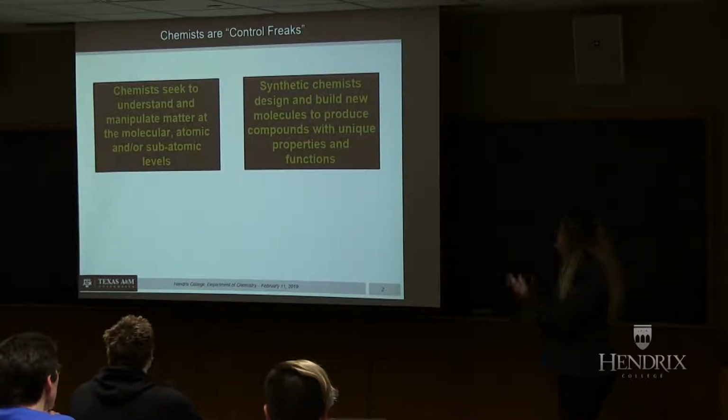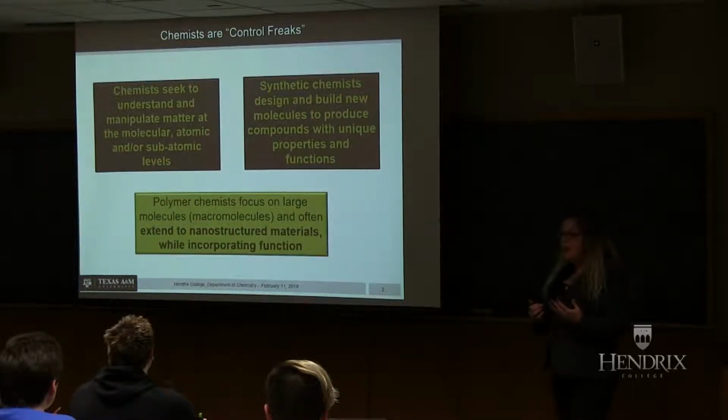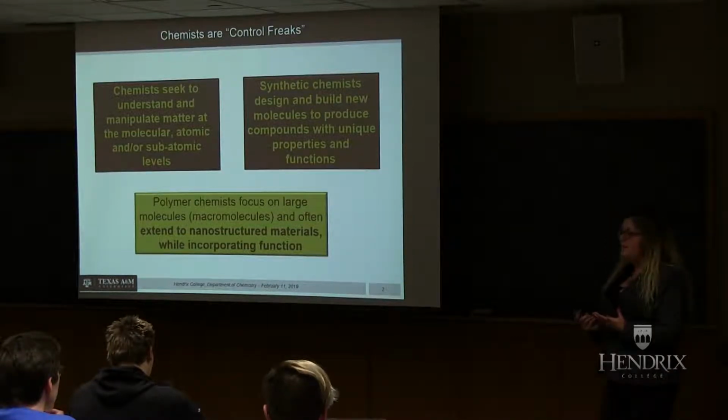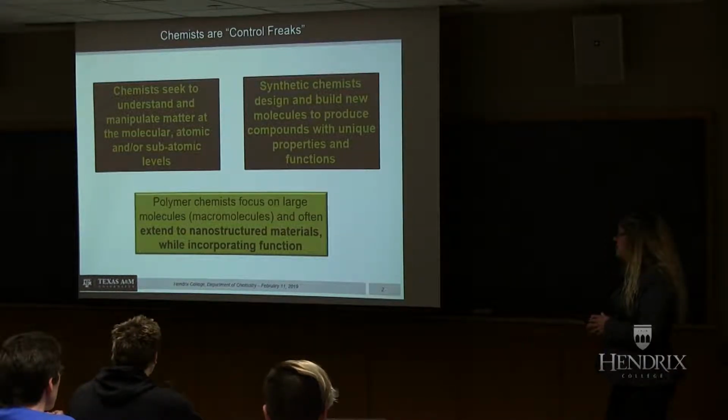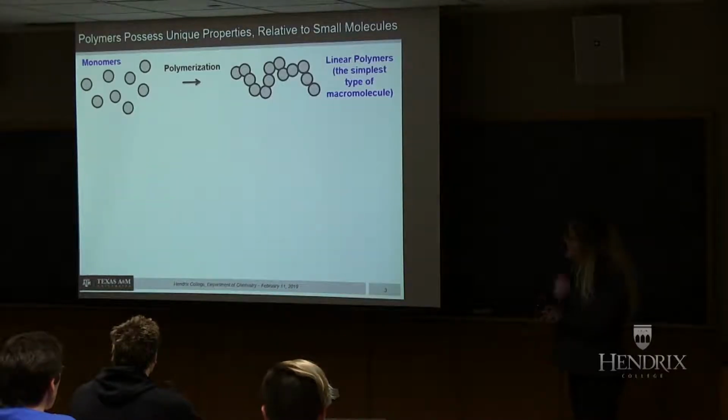And if we extend that beyond a typical synthetic chemist to polymer chemists, they operate on building big molecules, so macromolecules or polymers. And sometimes those extend into the nanoscopic regime, and then those are nanostructured materials. And there's really, in my view, not much interest in building something unless it has function, unless it can do something. And so that's been what we've been focusing on for the last 26 years in my lab.